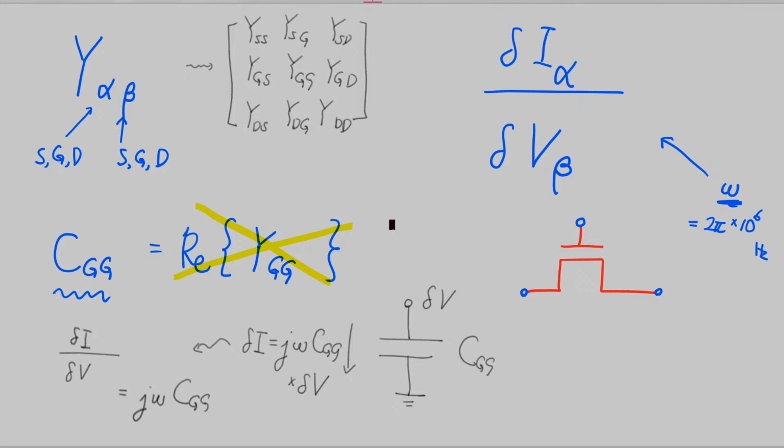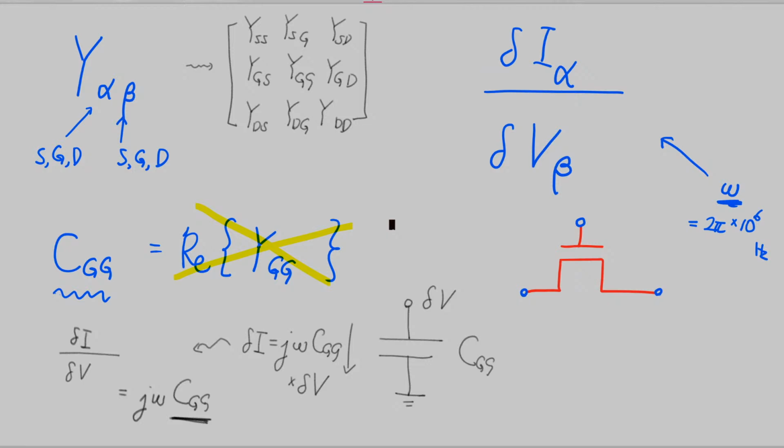So in order to calculate this CGG component, you have to find a certain quantity corresponding to the imaginary part of your Y parameter.